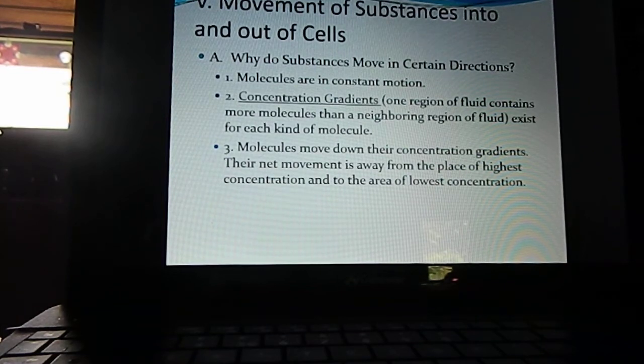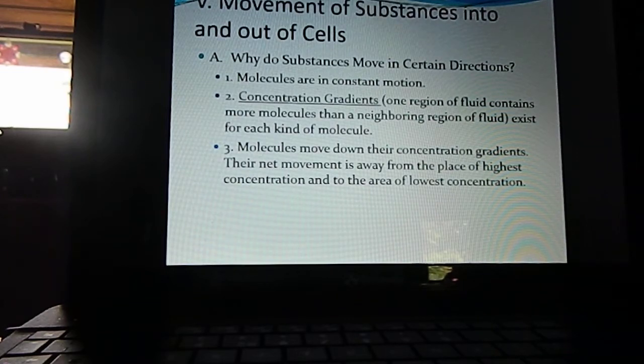If a concentration gradient exists, then molecules will move from an area of high concentration to an area of low concentration. They will move down their concentration gradient. They don't need energy to do this. They will automatically move from high concentration to low concentration.